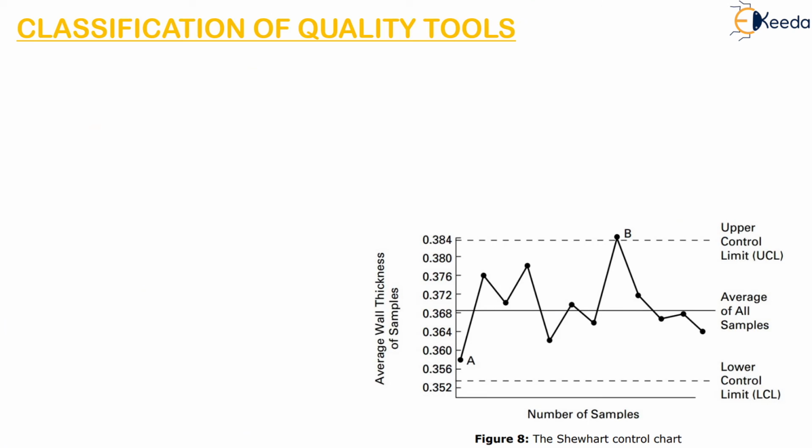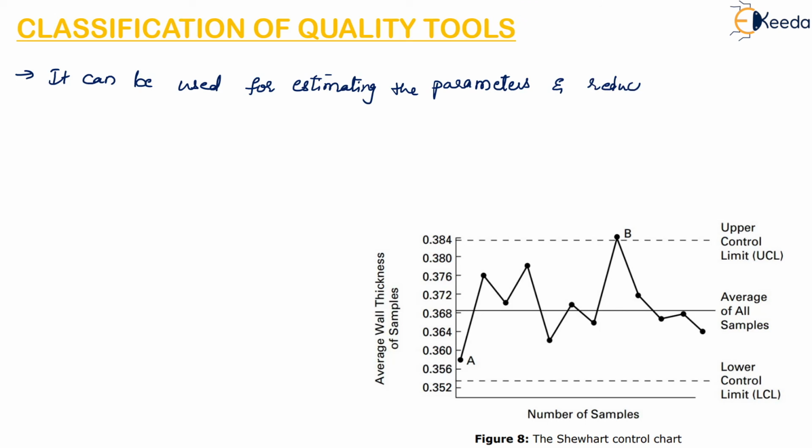These control charts can also be used for estimating the parameters and reducing the variability of the process. The main aim of the control chart is to prevent defects in the process.